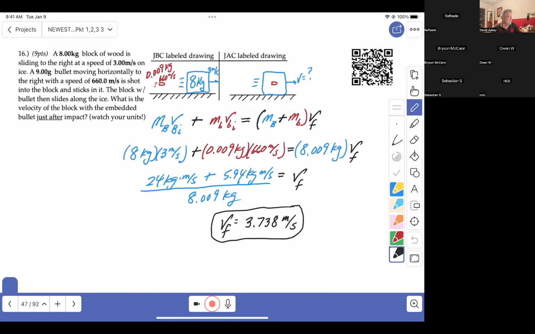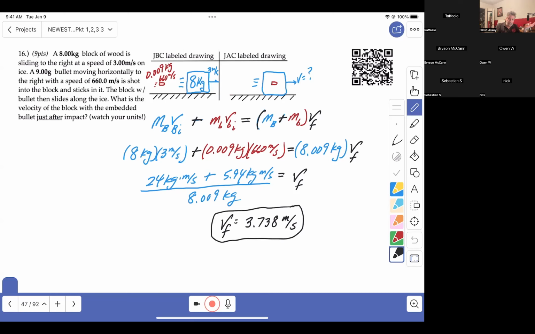Number 16. Now we're getting into these, and they shouldn't be as bad after what you're going through with type 2B projectile motion. They're just yellow equations, just conservation of momentum, bullets and blocks. Like I said in class, on the one in class, the block was sitting there, the bullet hit it, they both slid. Now the block's going to the right, the bullet's going to the right, hits it, they both slide.